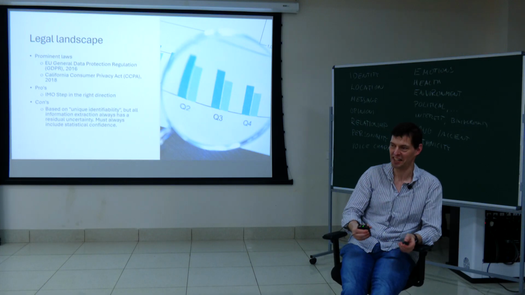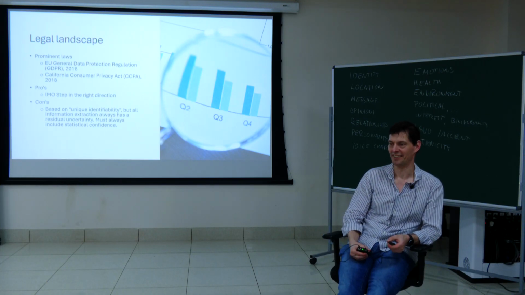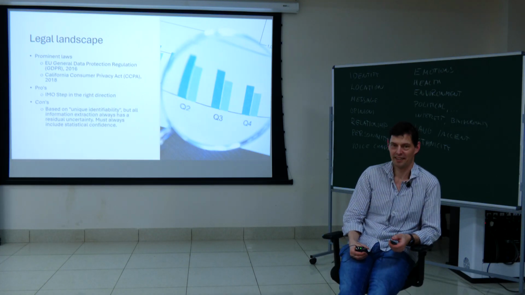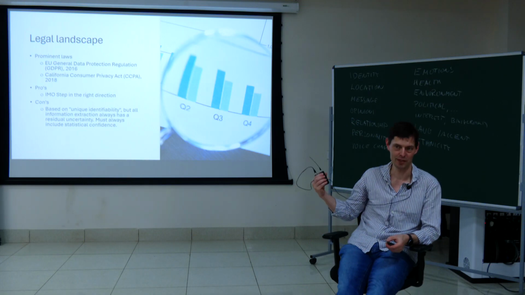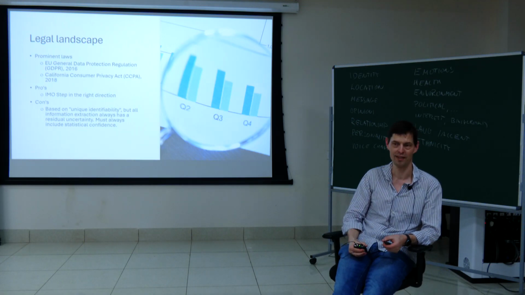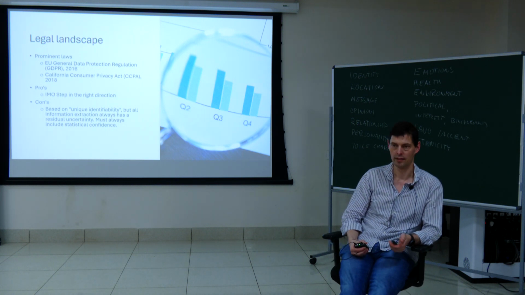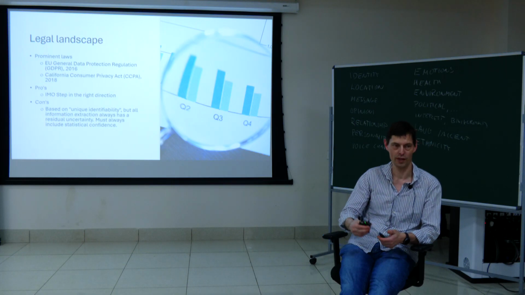But nothing is ever certain. When we look at speaker identification methods, we always have a false positive rate and a false negative rate. We always have errors. So I don't really know how to apply the law, because we have a confidence interval.